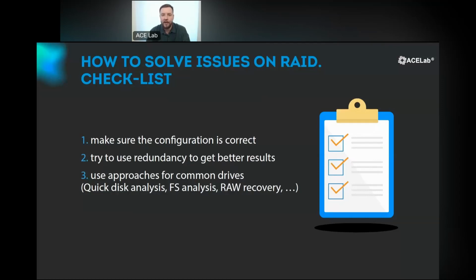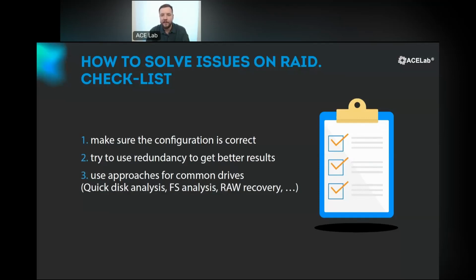I mean, a RAID can also contain deleted files, can have lost partitions, can have a damaged file system, and only on the last step you need to use approaches for a common drive, like file system analysis, raw recovery, and so on.